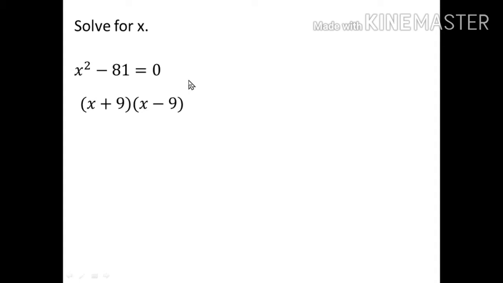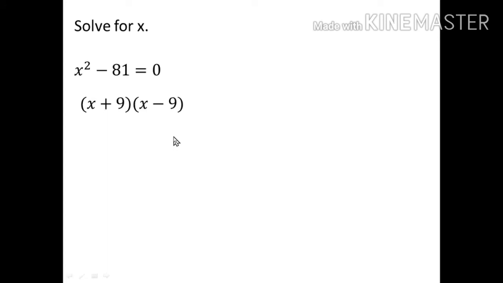Kasi pag pinag-add natin yung parehong positive 9, it will give positive 18. Kung pareho namang negative, it will give negative 18. Kaya ito, positive 9 tsaka negative 9, pag pinag-add natin, it will give 0. So the factors of x squared minus 81 are x plus 9 and x minus 9.